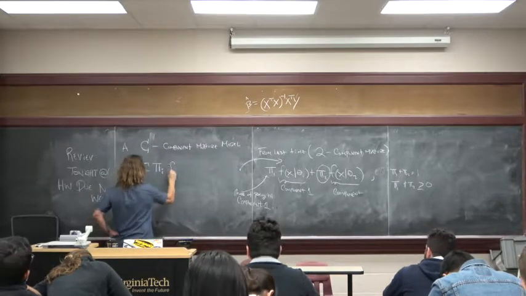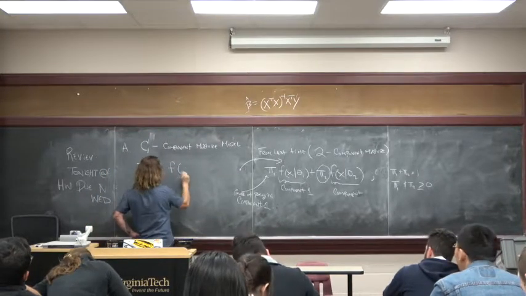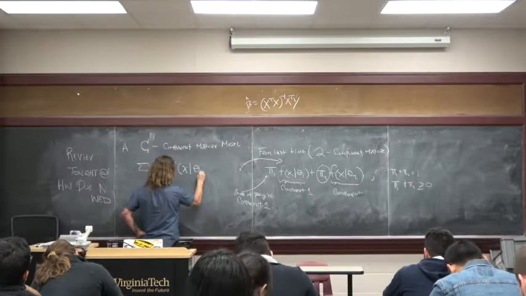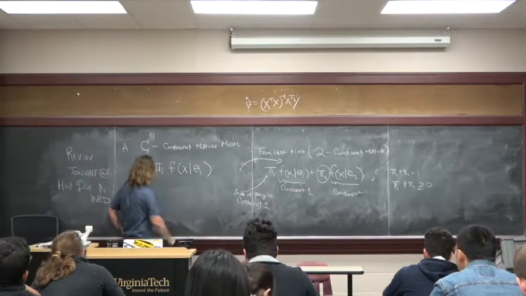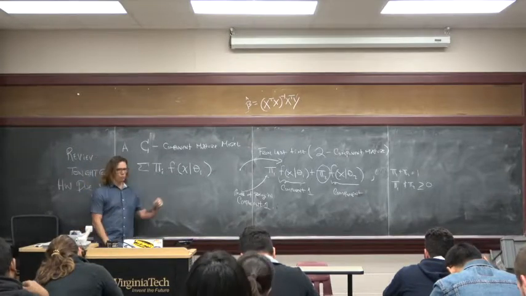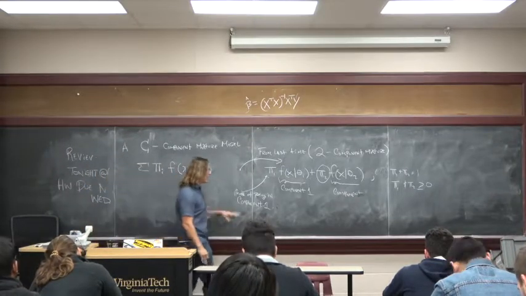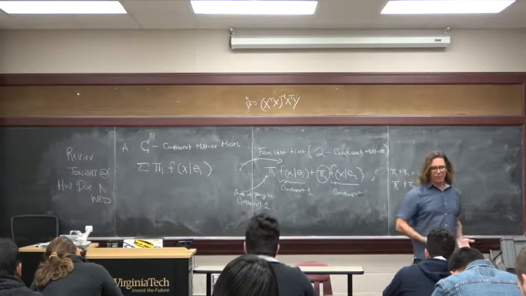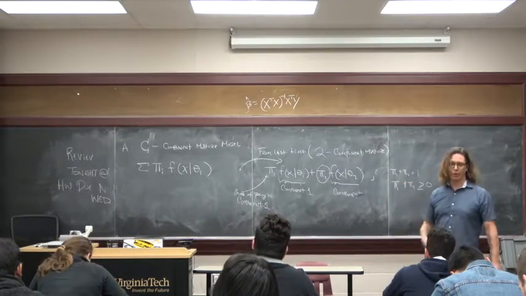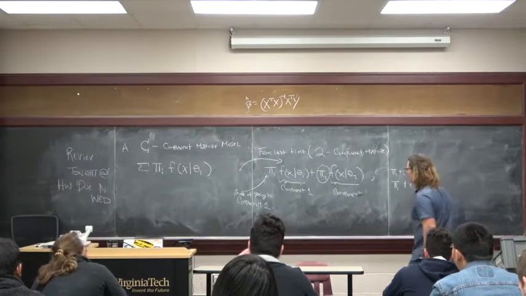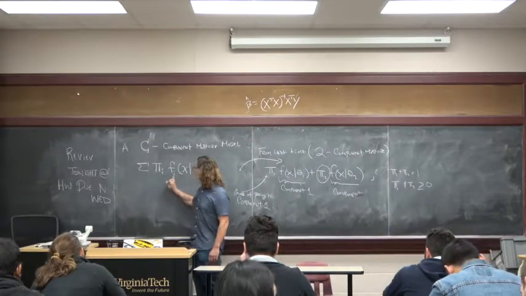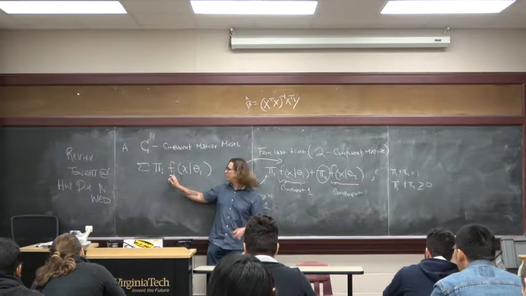Pi i F of X given beta i. So what I'm representing here is, if my F's are the same function, then this has the same mixture components for every component. Technically, this could be different for each component as well.